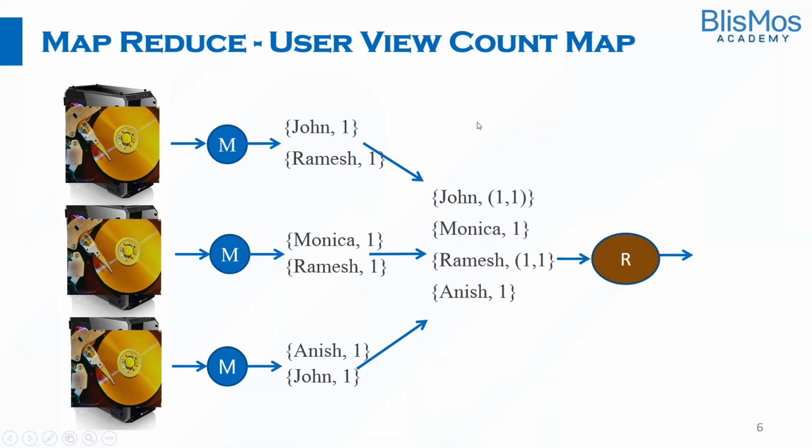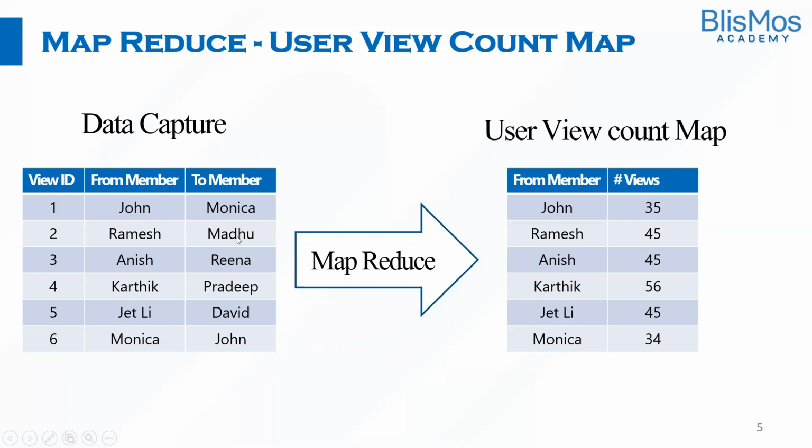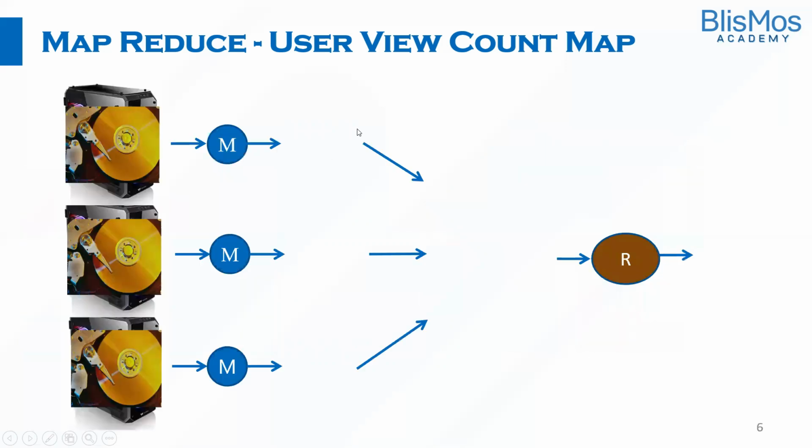For example, I don't want this particular data. All I want is the viewed member. We'll read this one, and Monica is the member which we want to see how many number of times she is viewed. So instead of reading John, it will be Monica comma 1, Madhu comma 1, Reena comma 1. That is how we'll go ahead and produce the key value pair from the mapper.